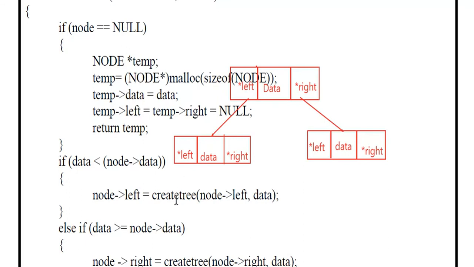So recursively we call create tree with the left node as the address and the data for which we want to create the node. If this is not true, that is, if the data is greater than or equal to the root node value, then the node will be inserted as the right child of the root node. It again calls the create tree function recursively.